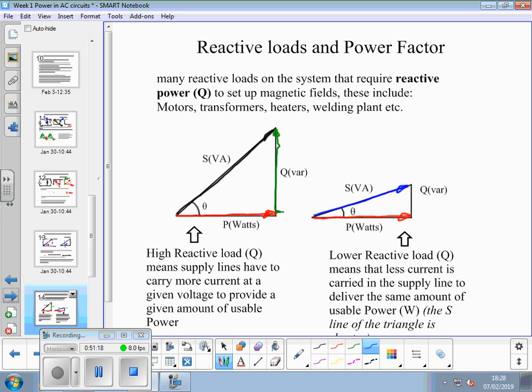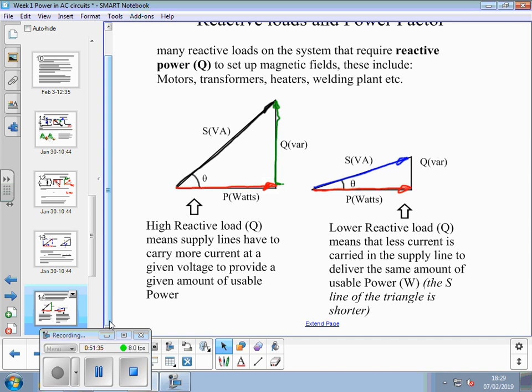Therefore, given the voltage is the same, the current in this one must be smaller. So the more you can reduce that angle, the less wasted current you're drawing off the supply. Lower reactive load means less current is carried in the supply line to deliver the same amount of usable power in watts. The S line of the triangle is shorter.